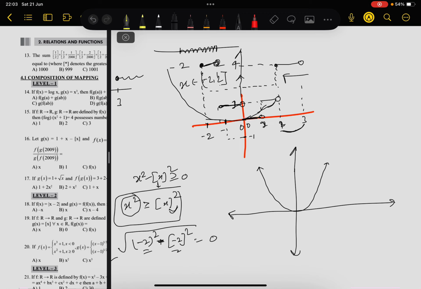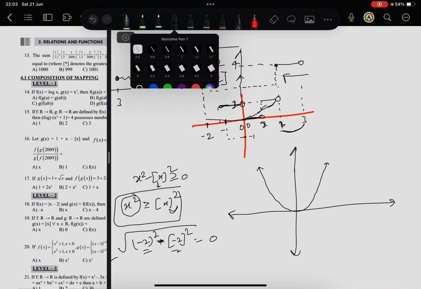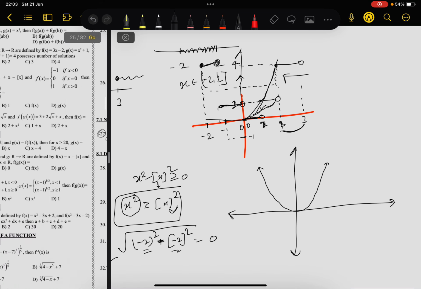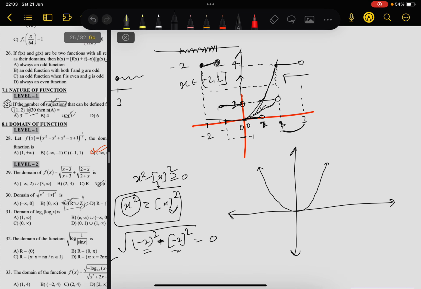I can draw it more clearly. So now see, this is the graph. For x equals to 1, we have 1, right? So for x equals to 1, we have these values.